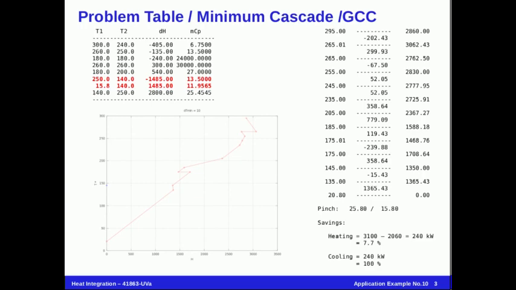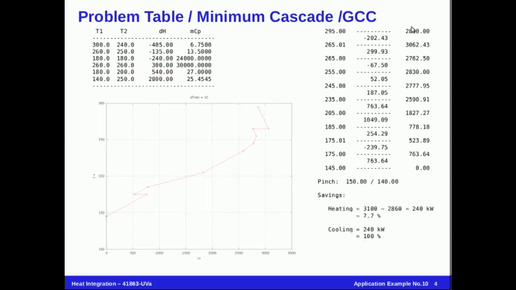And we can make the same calculation of the problem table algorithm without the mixing streams. That gives us the same minimum heating and minimum cooling, and of course the same excess. What does that mean?